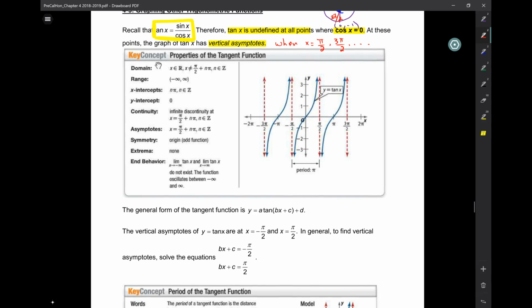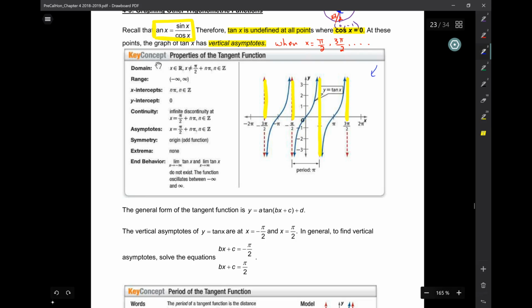So if we look at the graph for the tangent right here, it looks very different from the sine and cosine graphs. But if you notice, just like we said, there is an asymptote at pi over 2, 3 pi over 2, negative pi over 2, negative 3 pi over 2, and if we continued this, it'll continue like this on both ends forever.